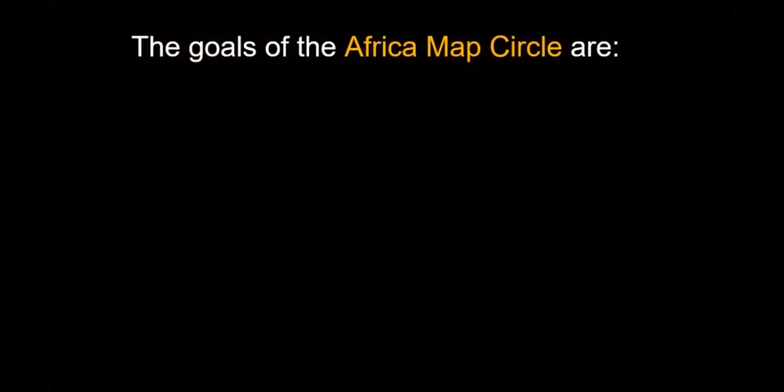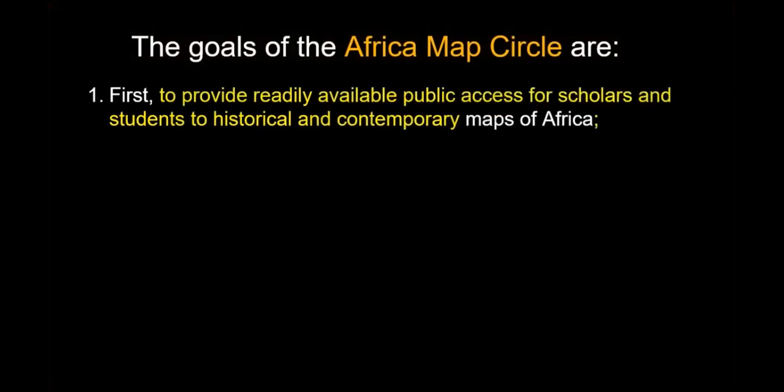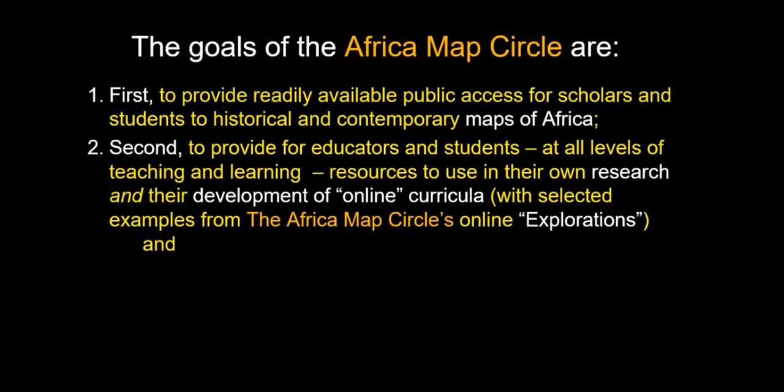The goals of the Africa Map Circle are pretty simple and can be outlined very quickly. First, to provide readily available public access for scholars and students to historical and contemporary maps of Africa. Second, to provide for educators and students at all levels of teaching and learning resources to use in their own research and their development of online curricula, with selected examples provided from the Africa Map Circle's own Explorations series.